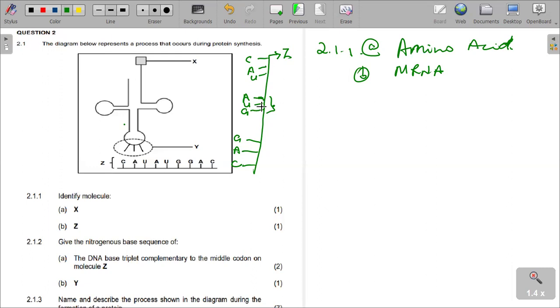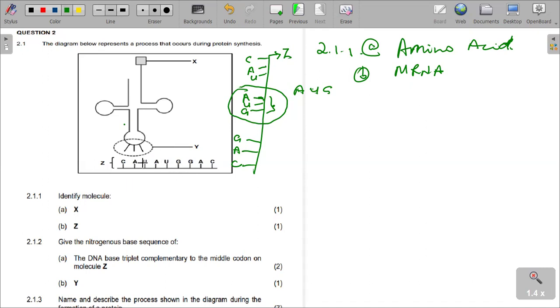We are saying our middle codon is this whole thing, AUG. So what are the complementary base triplets of the middle codon?